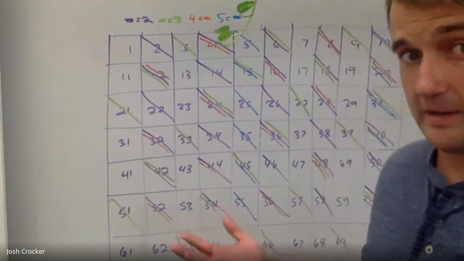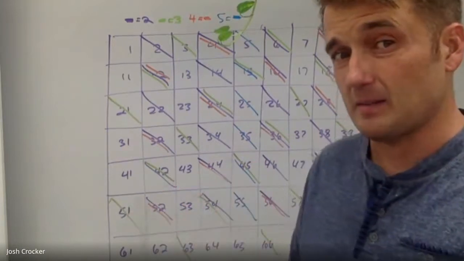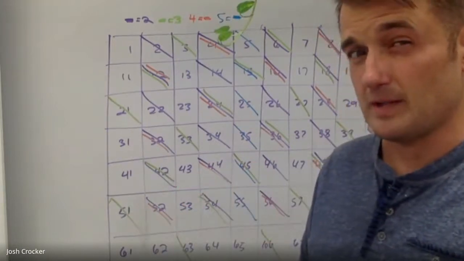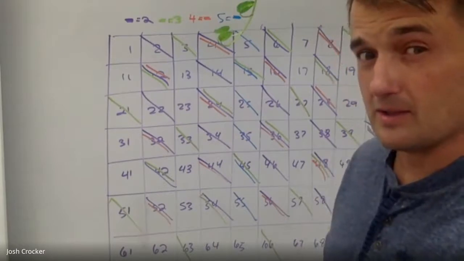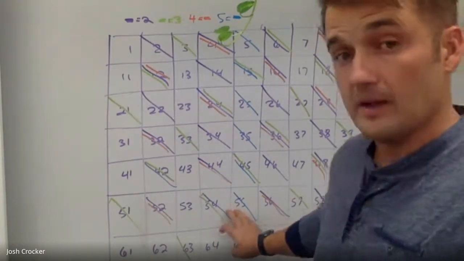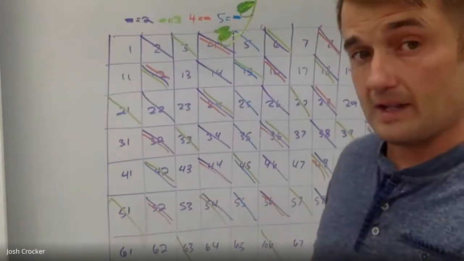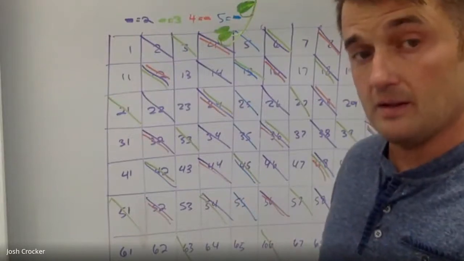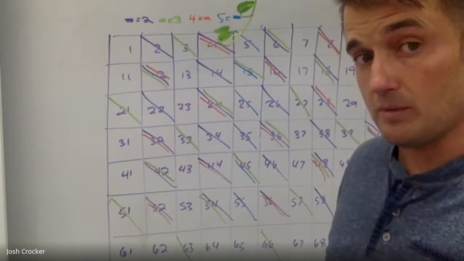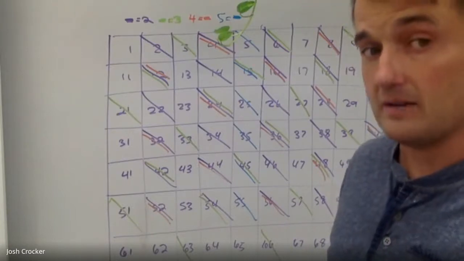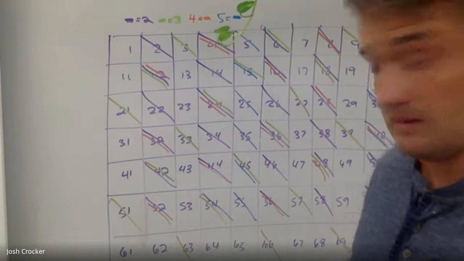So like 55 might sound like it might be a prime number, kind of one of those weird sounding numbers. Probably not much goes into it, but 5 goes into it, 5 times 11. So 5 and 11 are factors of 55. 55 is a multiple of 5. If I count by 5s, I will say 55 eventually.